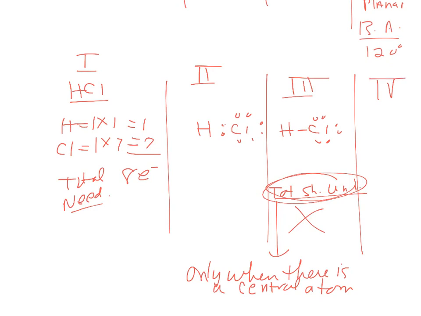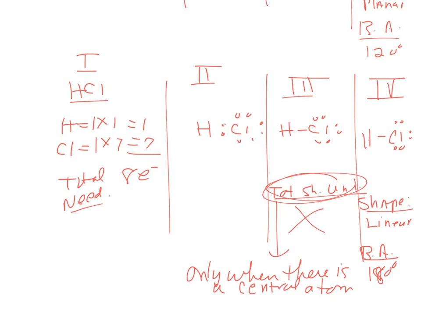It's always going to be a linear. So the final pic is really just the same picture, because there's nothing we can do to shape this. And the shape does have a name though. The shape is linear. And from geometry, I know that you know that the bond angles on any linear is 180 degrees.